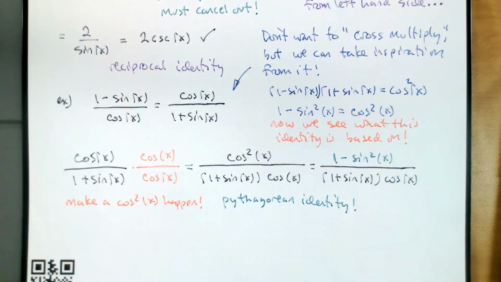Now we're going to look at what we have and look at what we're aiming for. We're aiming for the left-hand side. So I want a 1 minus sine left over in the numerator, and I just want cosine x in the denominator. So when I look at where I'm at right now, I've got to get rid of this 1 plus sine x.